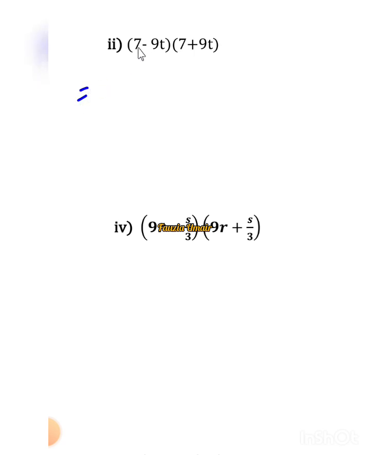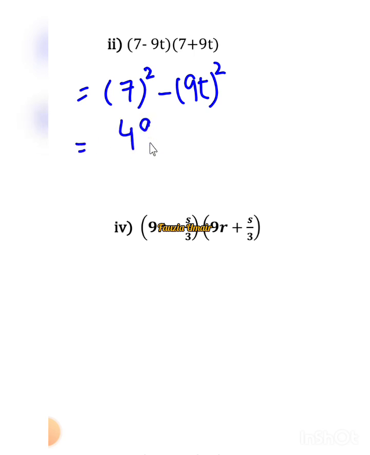So I know that this 7 minus 9t into 7 plus 9t is basically 7 square minus, if you are still not ready, please do all the intermediate steps, 9t whole square. So 7 square is 49, 9 square is 81, and t square is t square.